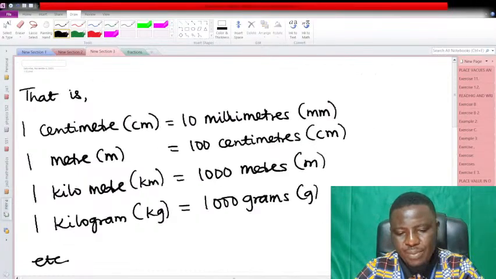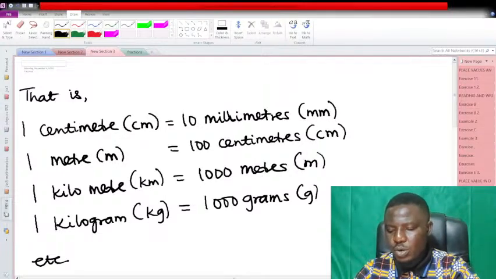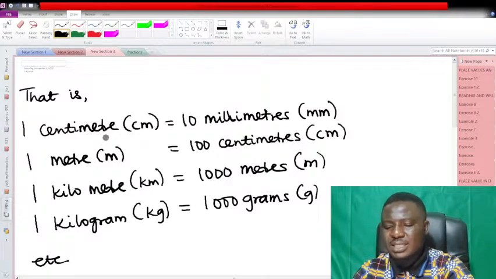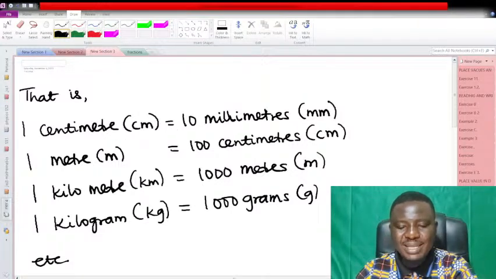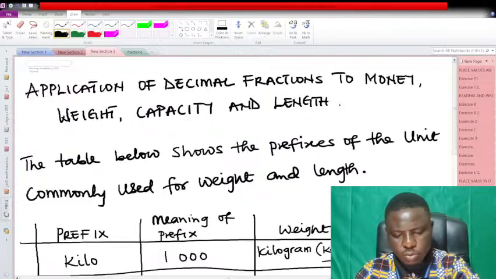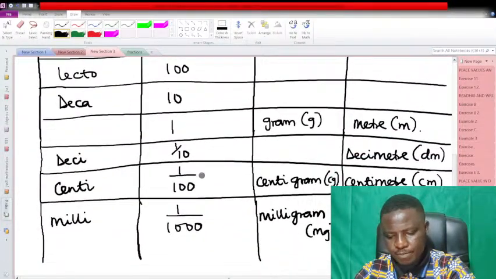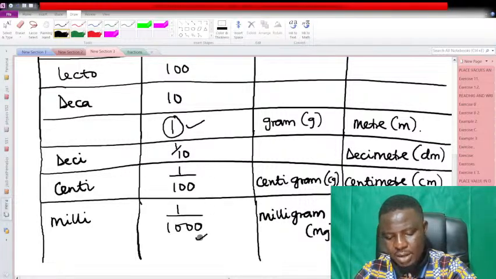Now, how do we apply this? From the table I gave you, it means that 1 centimeter is equal to 10 millimeters. How did I get that? If you look at the table, 1 centimeter is obtained when you divide 1 by 100, and 1 millimeter is when you divide the same 1 by 1,000.